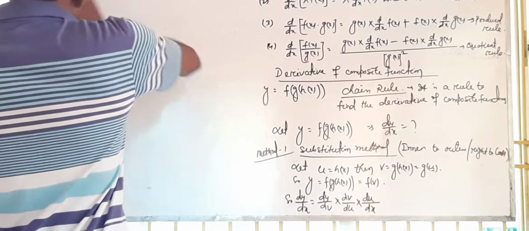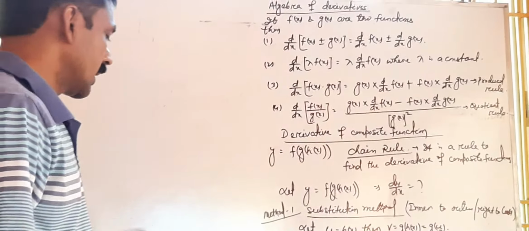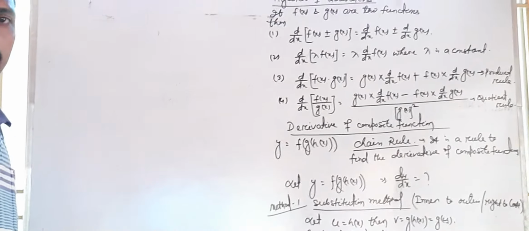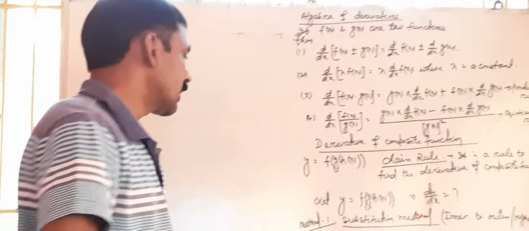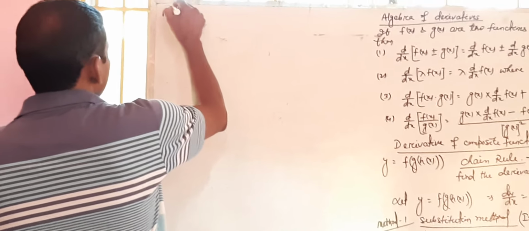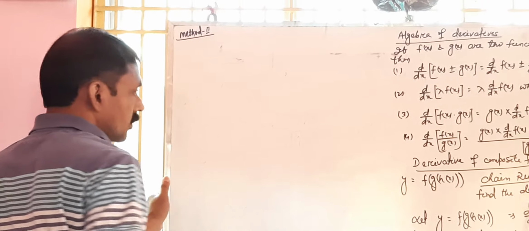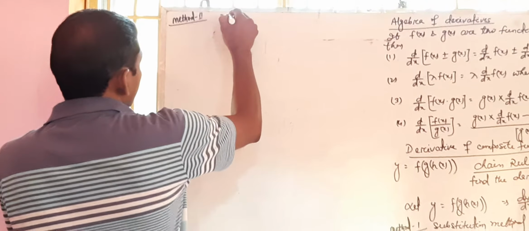Now if you use this substitution method there, then you will not be able to manage your time. So what is the other method? That is method 2. This is called direct method.